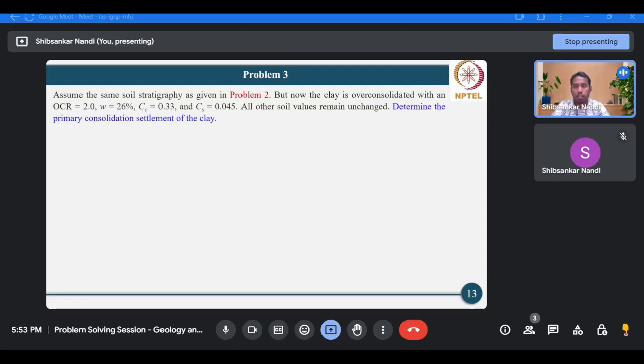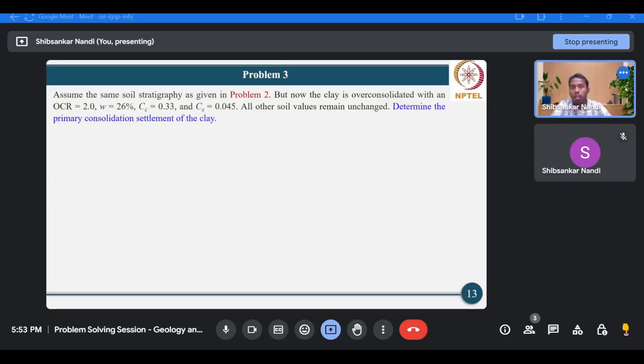Cc is the same 0.33, and the Cs value, that you know represents the swelling index, is given as 0.045. So all other soil values remain unchanged. So we need to determine the primary consolidation settlement of the clay. So we'll see what would be the change due to the over consolidation.